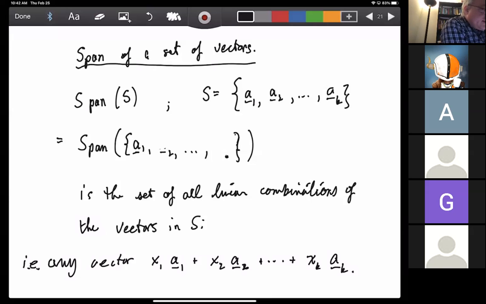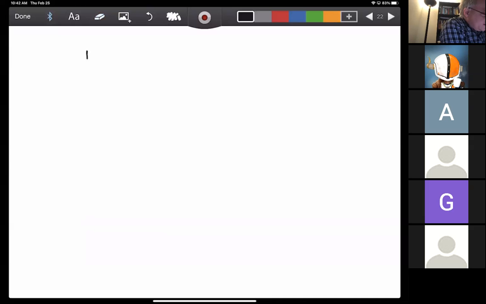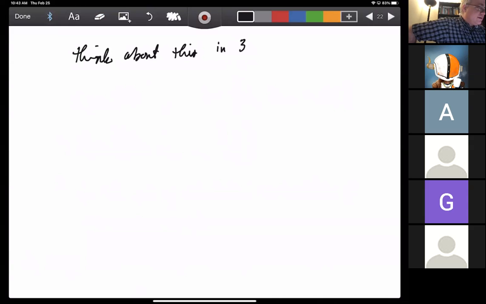So for instance, think about this in three-dimensional space. If I give you a vector, and I'm going to write it as a column vector now, I don't know, 1, 2, 3.